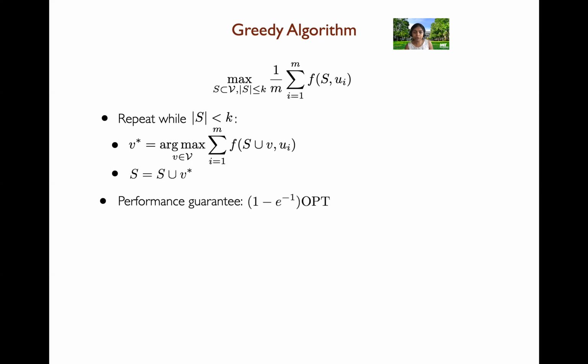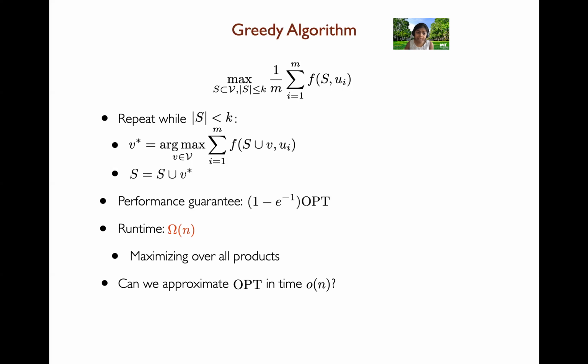In the space of polynomial time algorithms, this is the best guarantee that can be achieved. But the challenge with the greedy algorithm is that you have to maximize over all the products. This means that the algorithm will run in time which is linear in the number of products. So now the question becomes: can we approximate this opt value in time which is sublinear in the number of products?